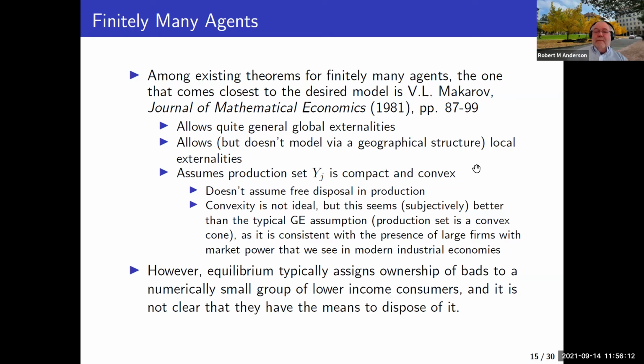But unfortunately, in the finite model, as I mentioned briefly earlier, equilibrium typically assigns ownership of BADs to a numerically small group of lower income consumers, and it is not clear that they actually have the means to dispose of it.